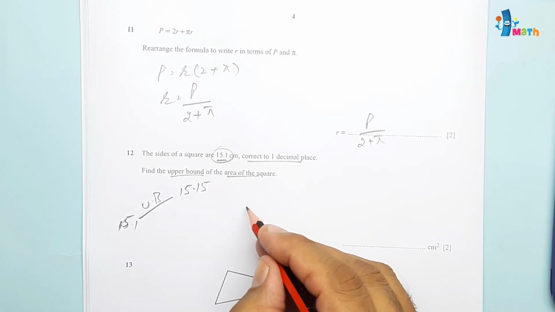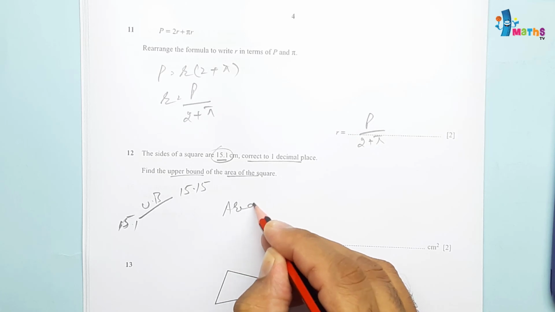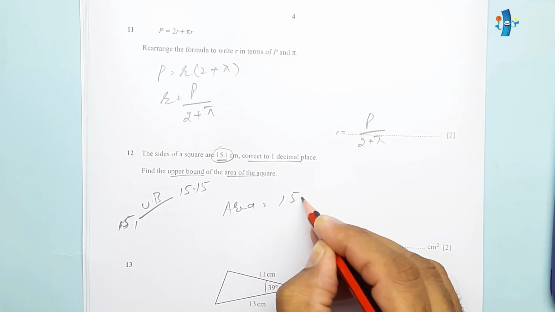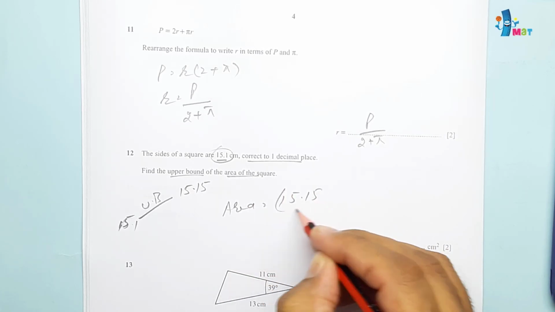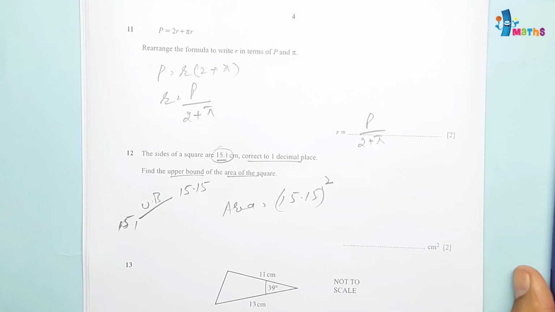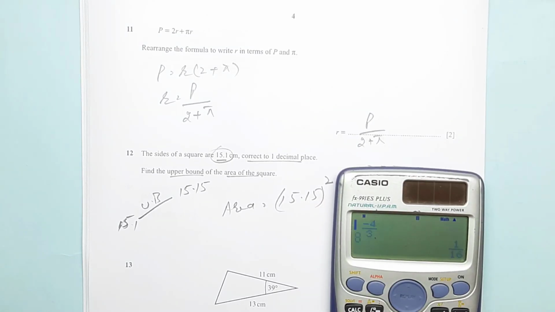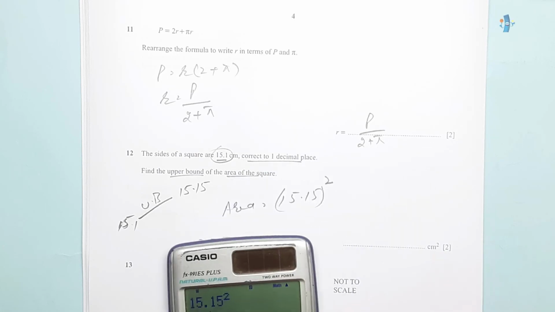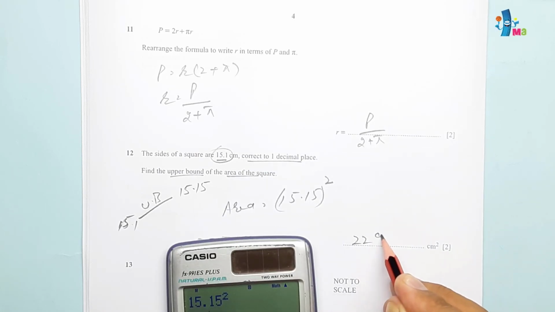And area of a square will be equal to 15.15 whole square. So we can check this. 15.15 square will be equal to 229.5225.